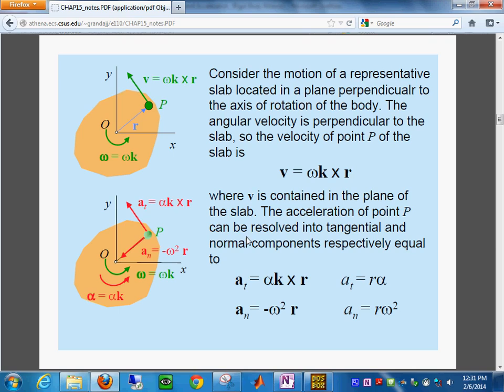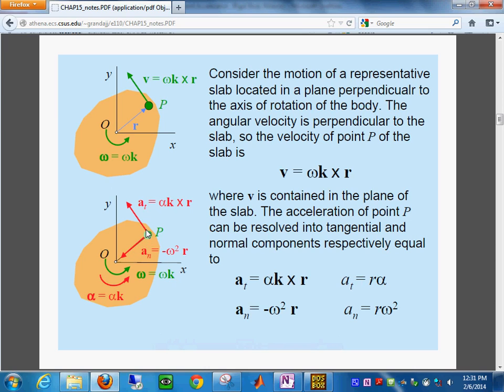But if we do the alpha cross R on this right here to find the acceleration of that point, you have the term alpha cross R and then the omega cross omega cross R is this other term.